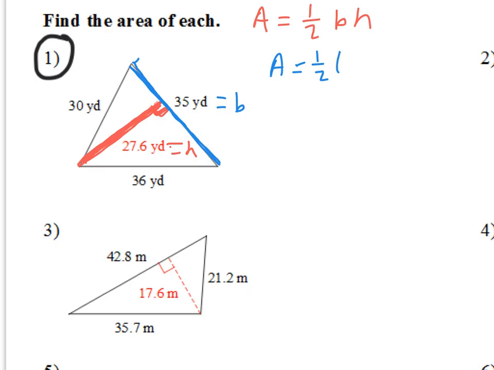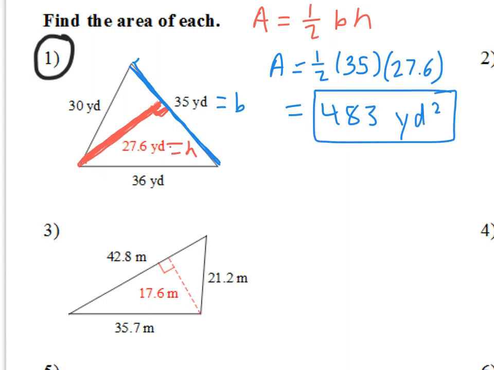Our base was 35, and our height was 27.6. Multiply all that together. In the calculator, I'm going to use 0.5 for 1/2. So 0.5 times 35 times 27.6, and we get 483. The units are yards, so that's yards squared.